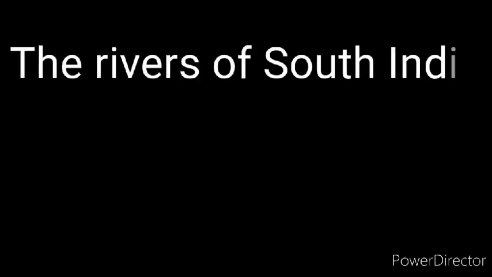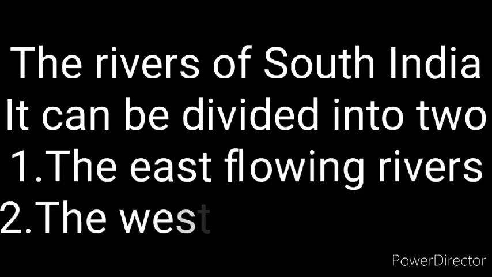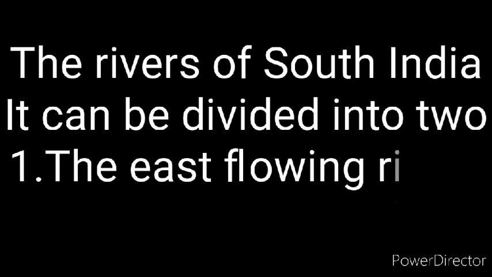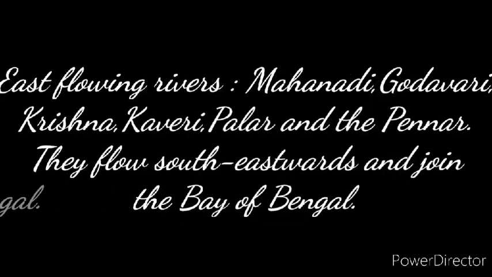Now we shall learn about the rivers of South India. The rivers of South India can be divided into two groups. First one is the east flowing rivers, and the second one is the west flowing rivers. The important east flowing rivers are the Mahanadi, the Godavari, the Krishna, the Kaveri, the Palar, and the Pennar.